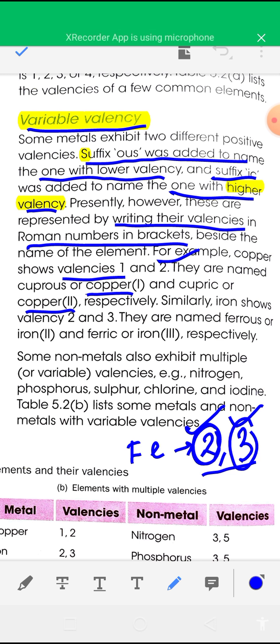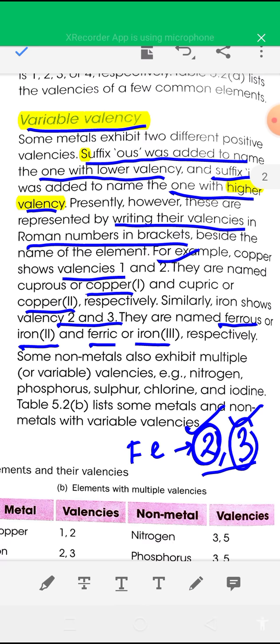So iron has two valencies, 2 and 3. Iron 2 is represented as iron(II) and is known as ferrous, because for lower valency you use -ous, and for higher valency you use -ic. So iron(III) is known as ferric.